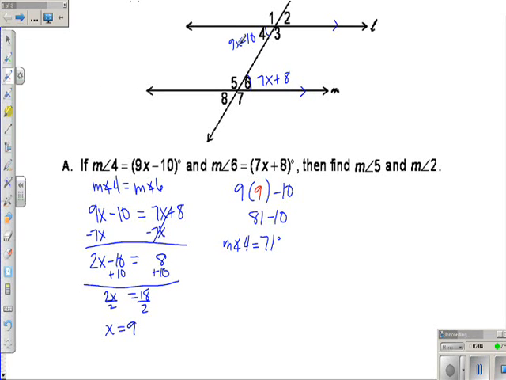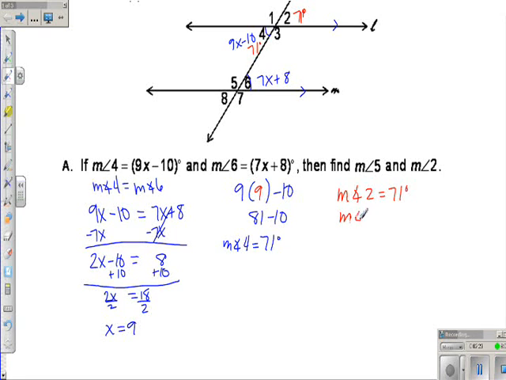So I'd come back up here and say, okay, if this angle right here is 71 degrees, then we know angle 2 is a vertical angle with angle 4. So this is also 71 degrees. Okay? So I know the measure of angle 2 is 71 degrees.